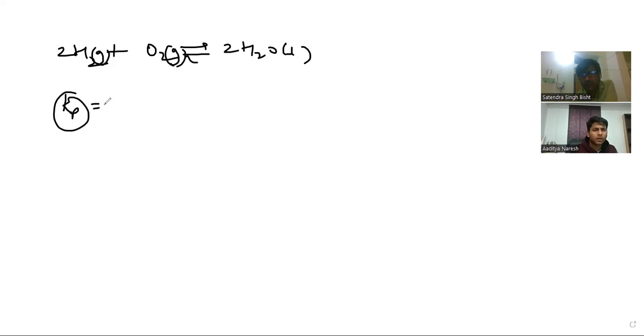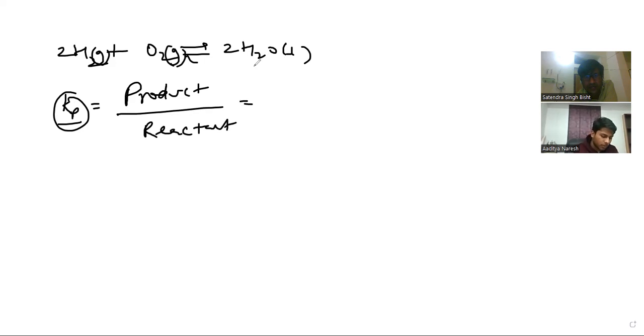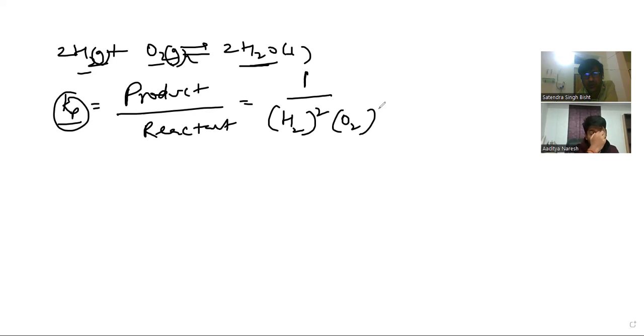First, apply the formula. What is the formula for Kp? That is product upon reactant. In the case of the product, it is in liquid state, so you can take 1. But in the case of the reactant, hydrogen and oxygen are there: hydrogen raised to the power 2 and oxygen raised to the power 1.